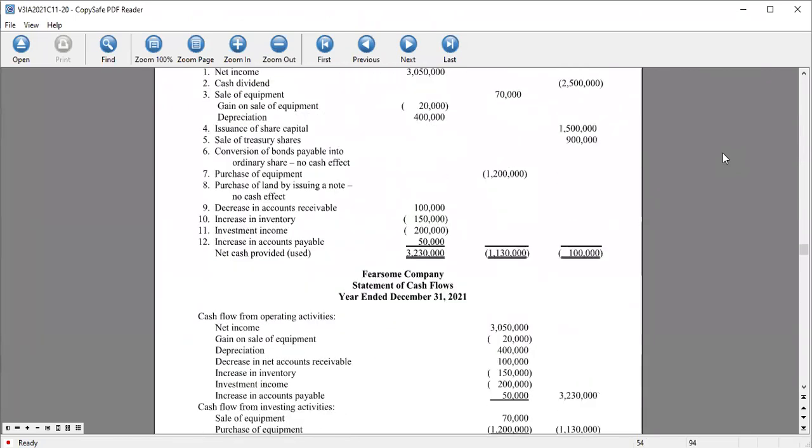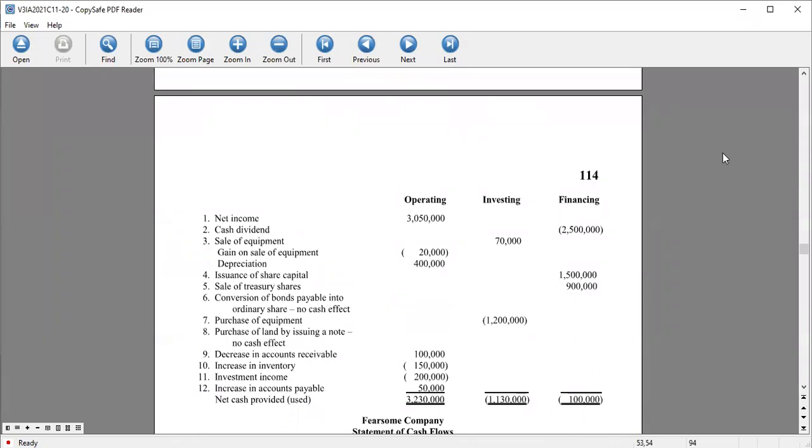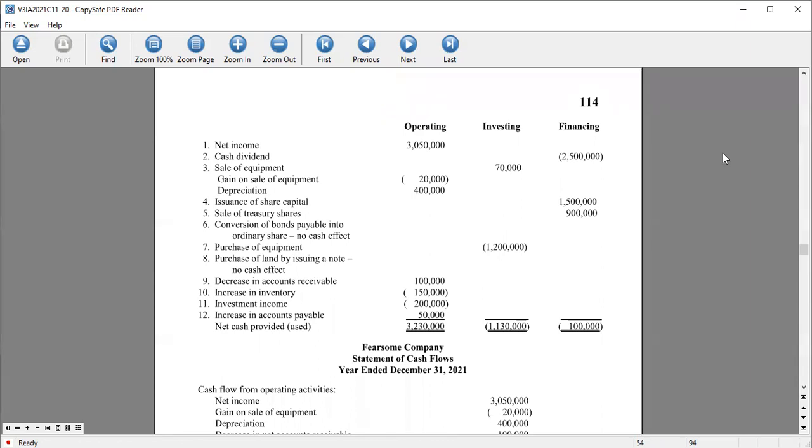So for our operating, investing, and financing, we begin with net income as given of 3,050,000.